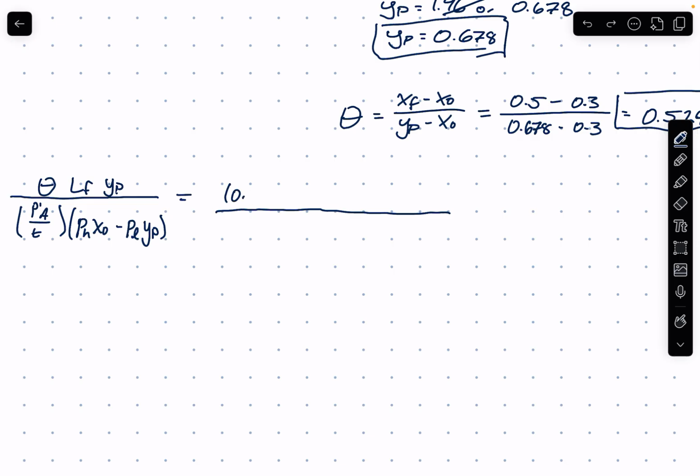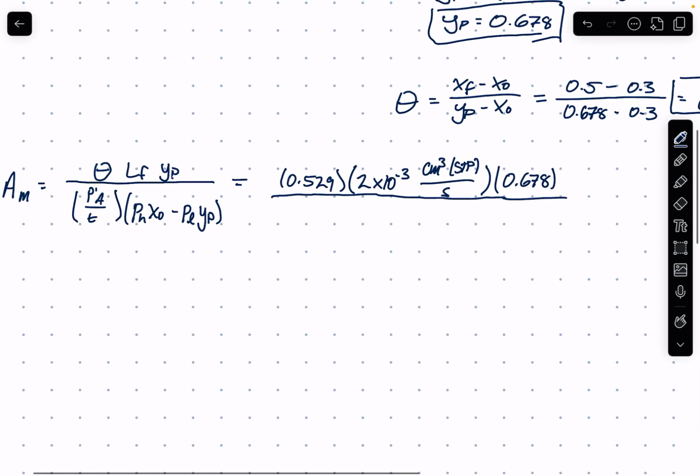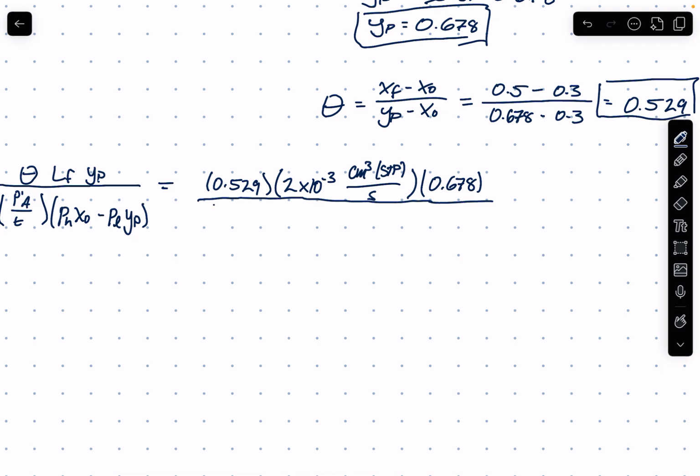So we have 0.529 for our theta value. Our LF is our feed inlet rate, so this is 2 times 10 to the minus 3 cm3 at STP per second, and a yP of 0.68, divided by our permeability, which is 40 times 10 to the minus 10.